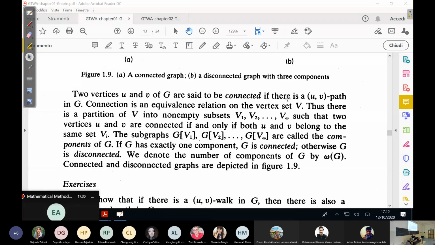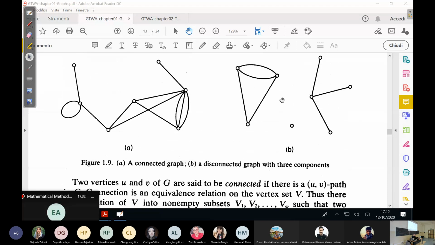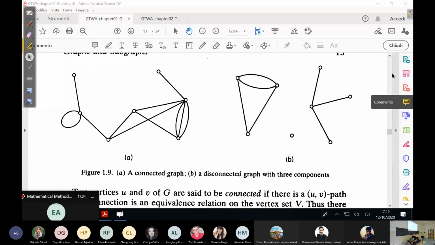Okay, but I also gave a different way of thinking of that. Take, for instance, this graph. All of this which I'm circling is one graph, but it has three components. How can you see these components? By picking up some vertices. Say I take these three vertices and these two edges.